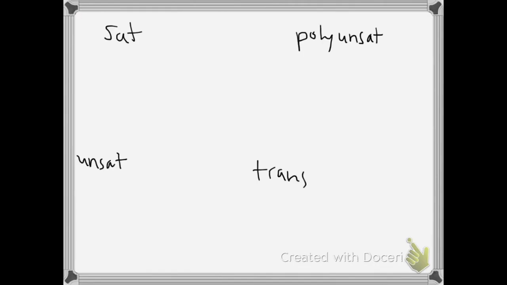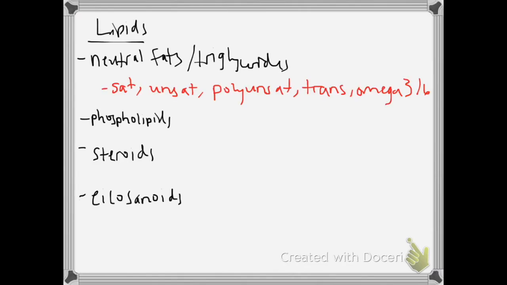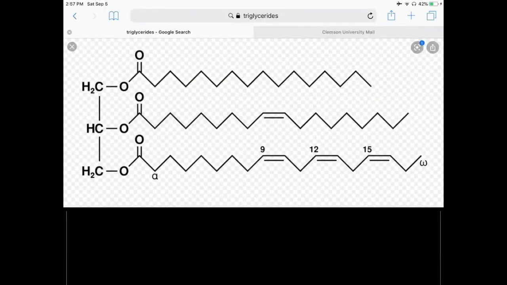Okay, saturated fat. I guess first we should draw a lipid, or a triglyceride in general, just so that you can see what a triglyceride would look like. In the case of neutral fats or triglycerides, we're going to start with a glycerol molecule, which has some more things than this, but the oxygens are what we're looking at right now. I'll just throw up glycerol real quick.